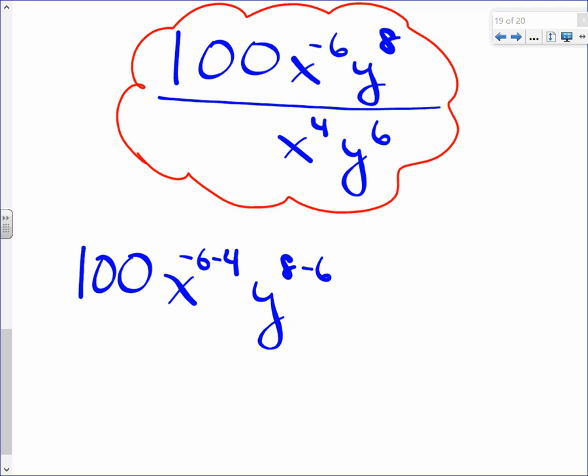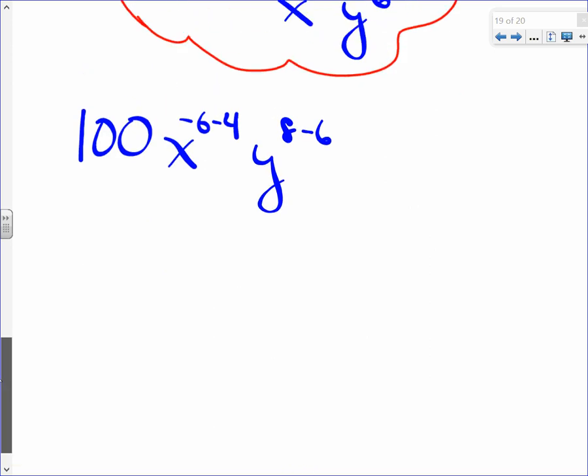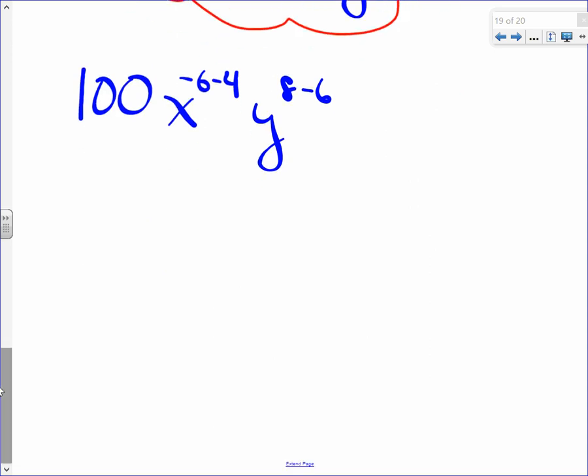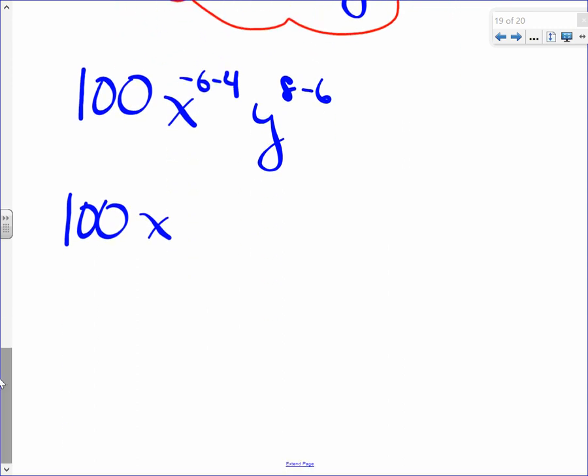That's just rule number 4 that Ms. Castro mentioned. Let's keep going. So my final answer then will be 100 times x to the, so negative 6 minus 4 is going to be negative 6 plus negative 4, negative 10 power, y to the, nice.